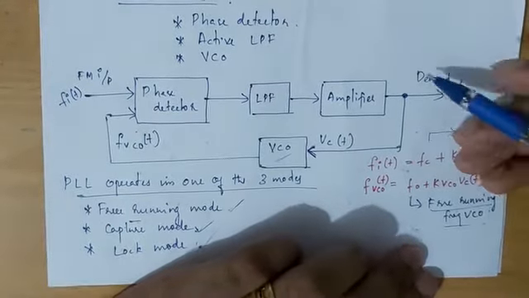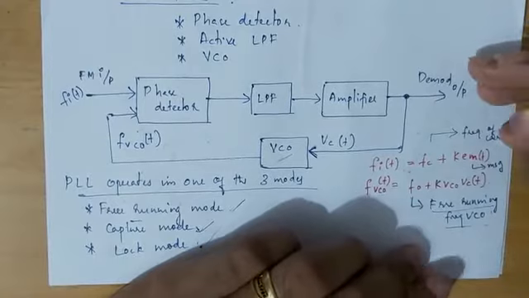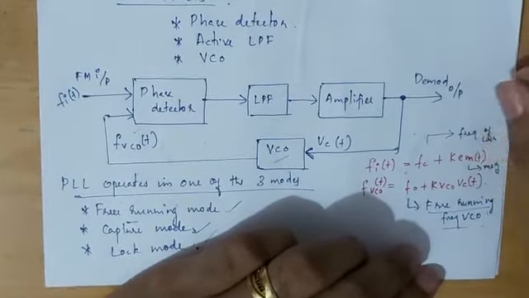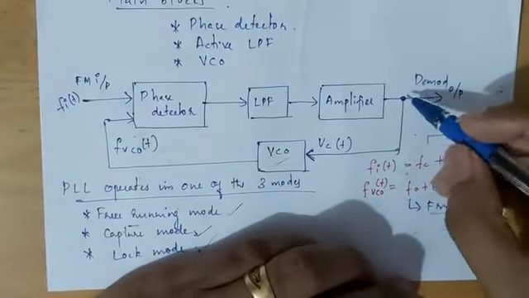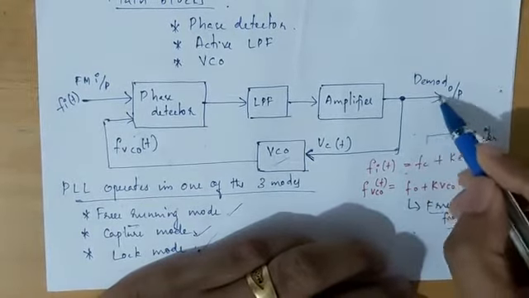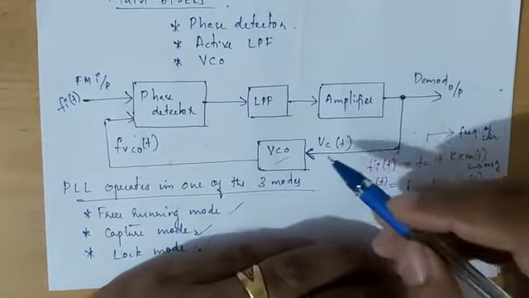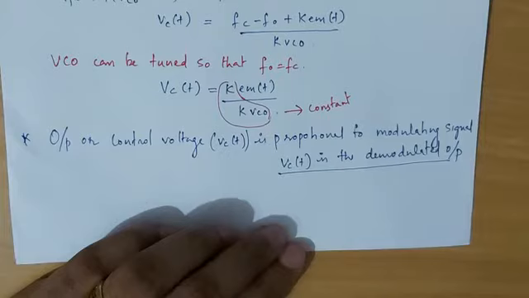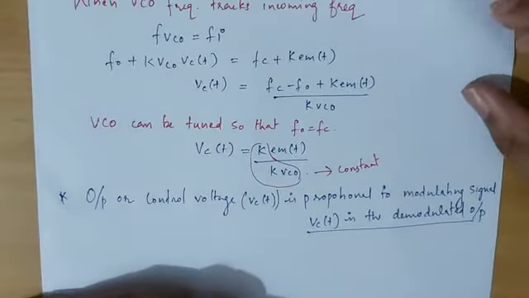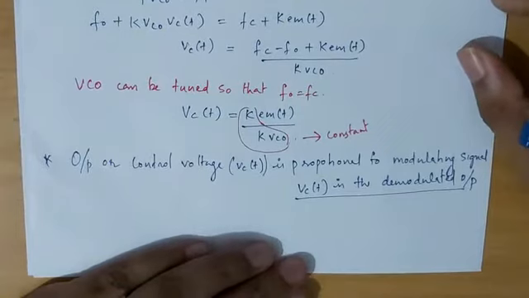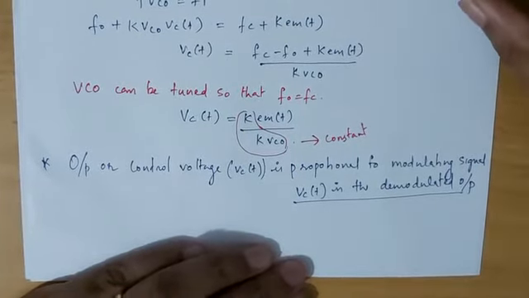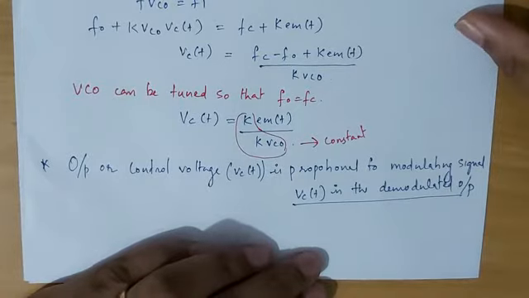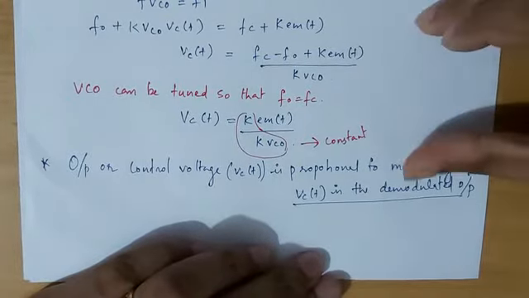And here we are giving that Vc, that voltage, as the control voltage of the VCO, and this can be taken as the demodulator output. From this block diagram it is clear that we get the demodulator output here, and that voltage is given as the control voltage to the VCO. From these expressions we can conclude that the control voltage Vc of t is proportional to the modulating signal, so Vc of t is the demodulator output.